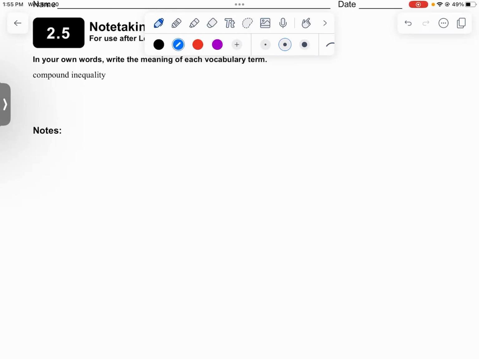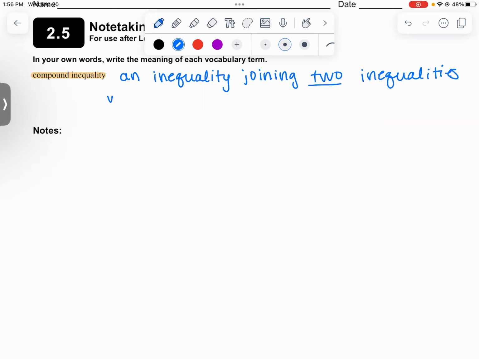And what I want you to write down for this compound inequality is that it is an inequality that's joining two inequalities with the word and, or. That's a funny sentence.